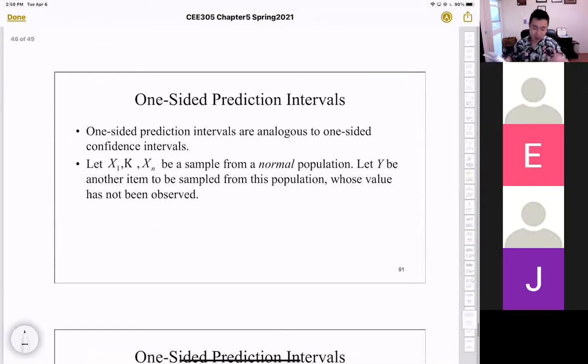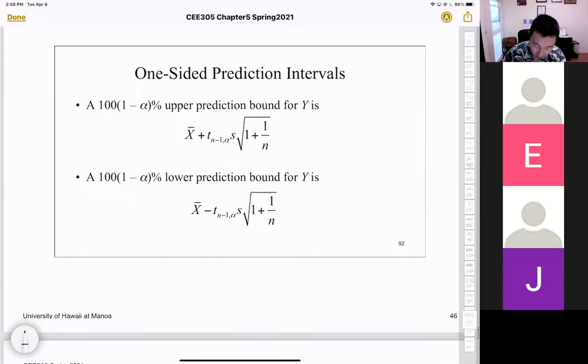We also have one-sided prediction intervals, same as confidence intervals. We have one-sided upper bound and lower bound. For the upper bound, we use plus.